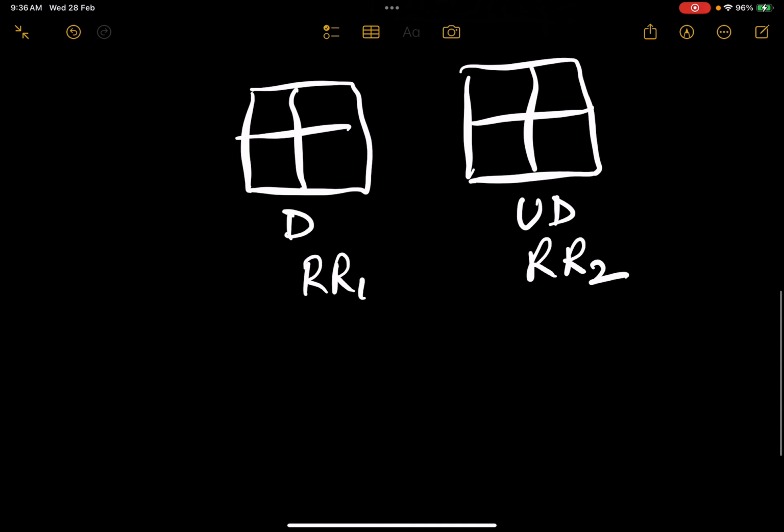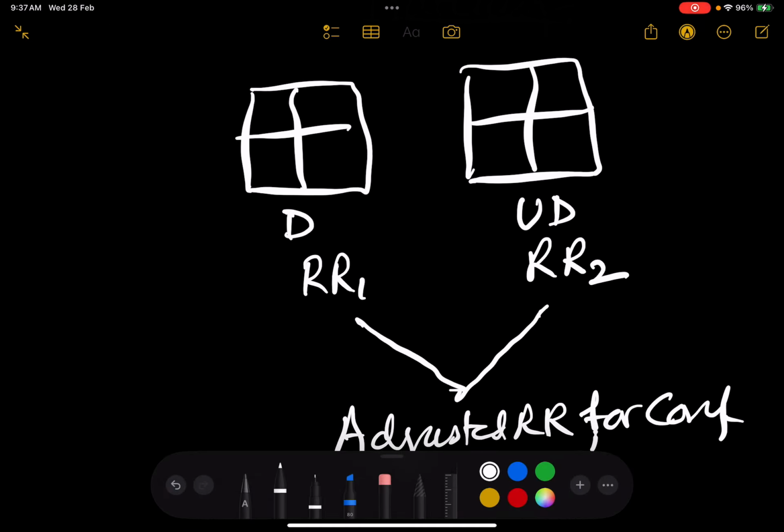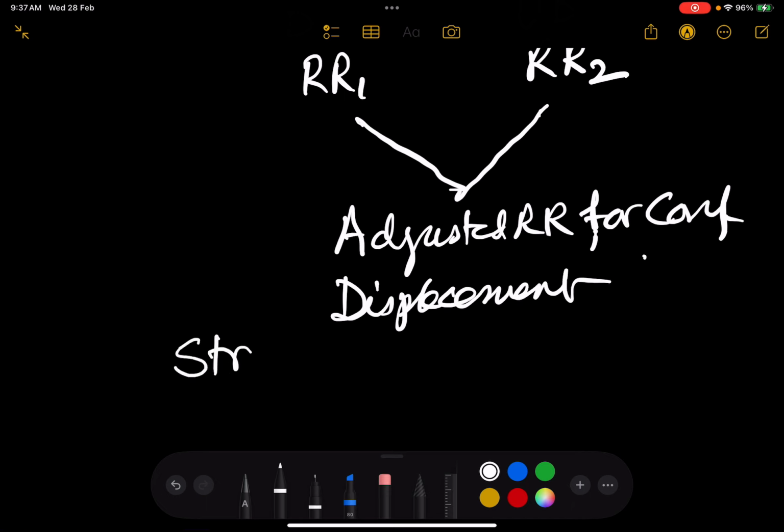And if they are similar, we are able to combine them, and this is called the adjusted RR for the confounder, displacement. This is called stratified analysis.